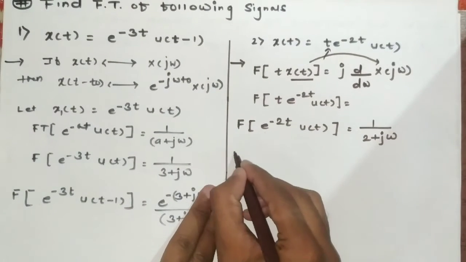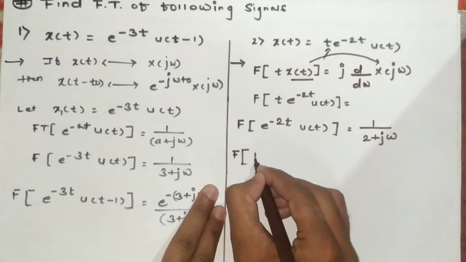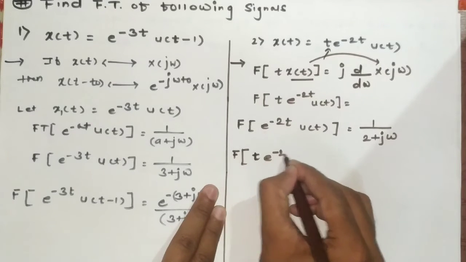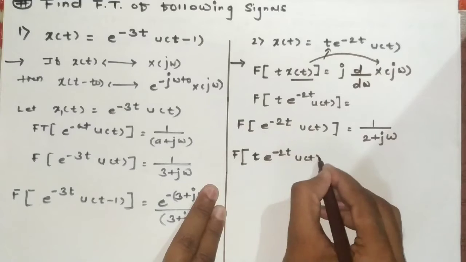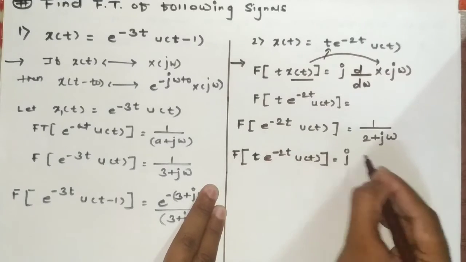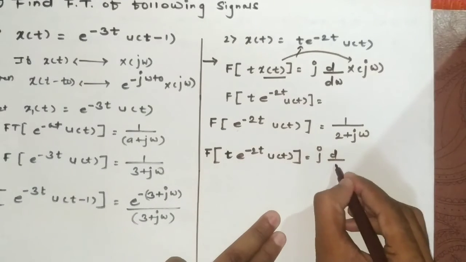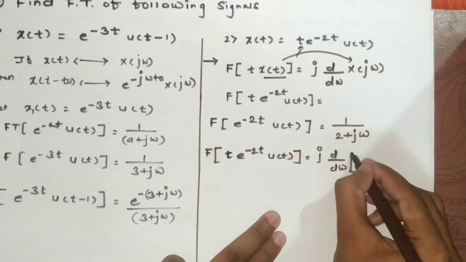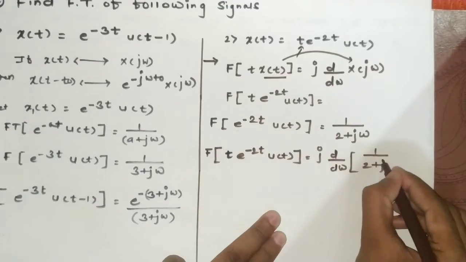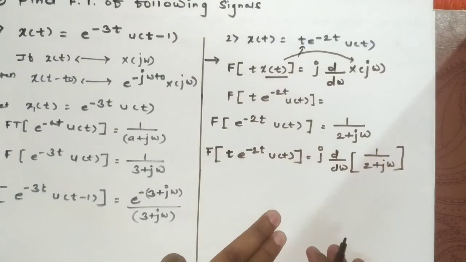Therefore we will write the next step as the Fourier transform of t e raised to minus 2t into u of t becomes equal to j into d by d omega of 1 upon 2 plus j omega. Now let us differentiate this.